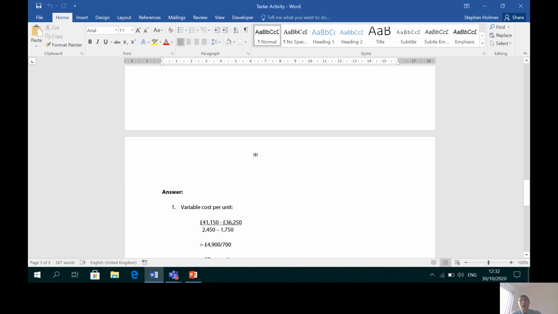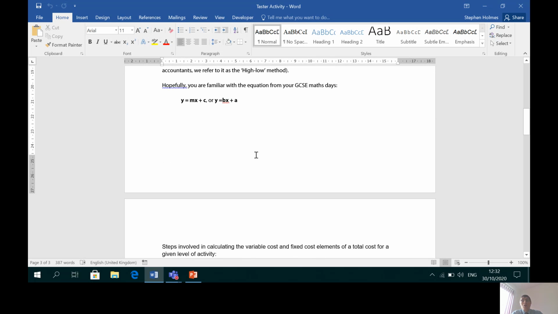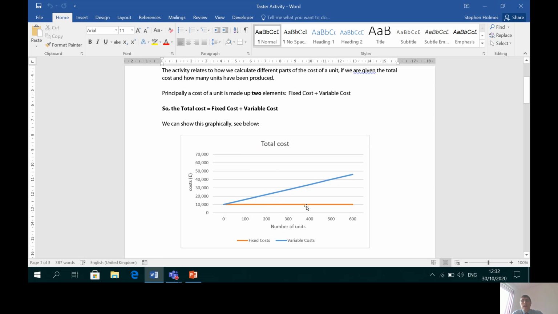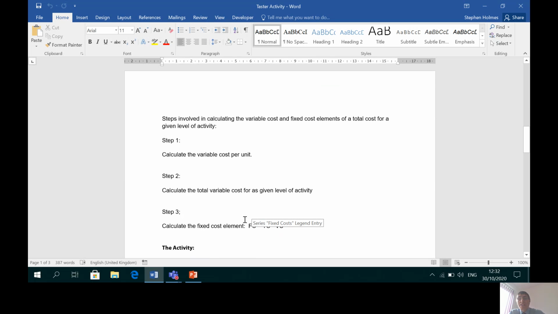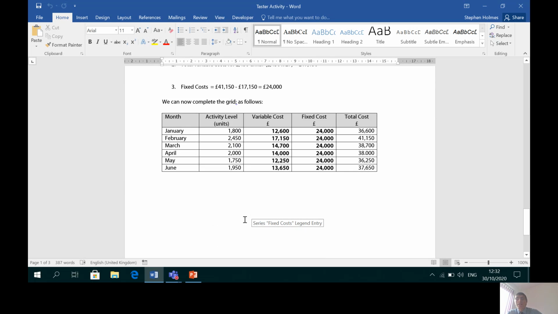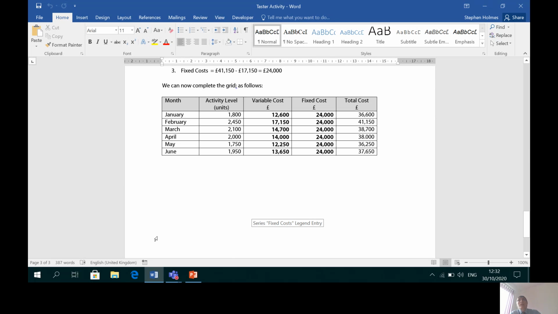That's that horizontal straight line, the fixed cost, and that stays constant no matter what the level of output is. Per unit, the fixed cost will be less the more you produce, but in total, it stays the same. And the variable cost in total will increase, but per unit will stay the same.